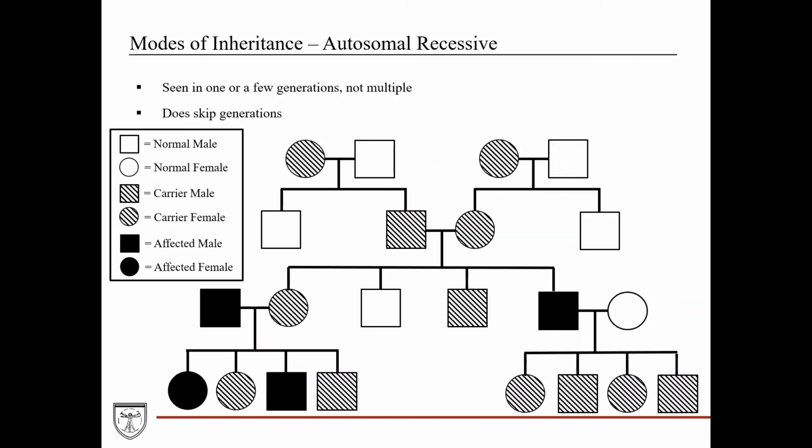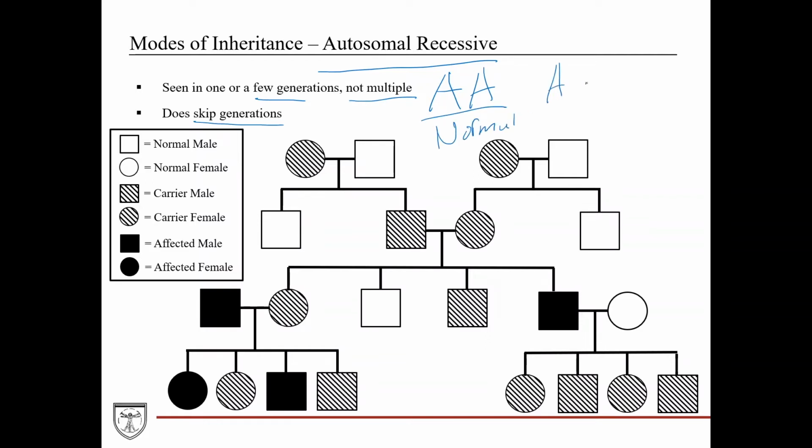So now the second mode of inheritance is autosomal recessive, and this is seen in 1 or a few generations, but not multiple, and it can skip generations as a result of that. So again, we'll go through the key. Again, squares are males, circles are females. But in this case, if an individual has 2 copies of the dominant allele, they're going to be normal.